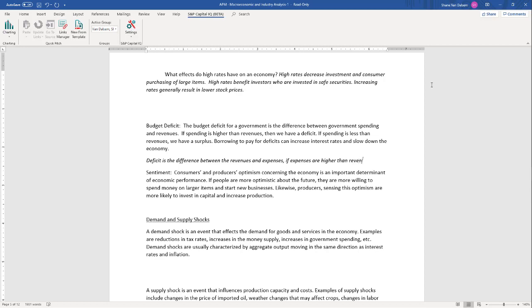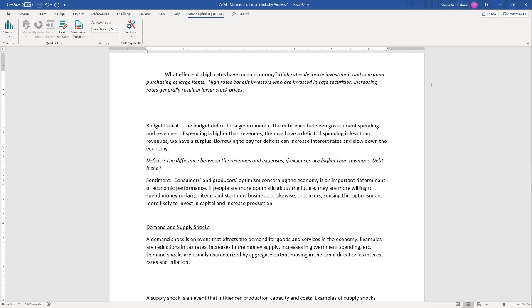It's a surplus the other way. The debt is the accumulated deficits and surpluses. Just be the accumulated deficits less surpluses.